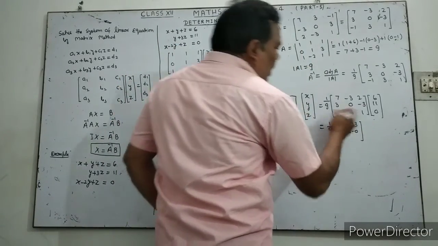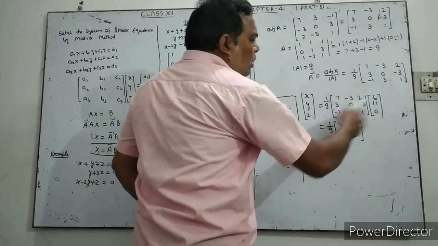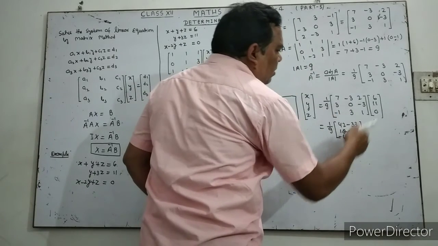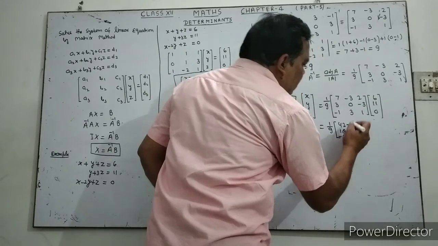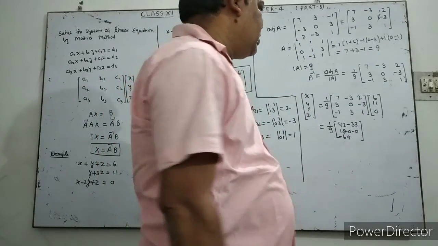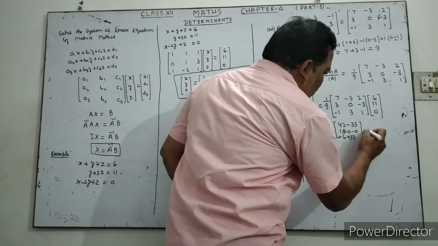Then third row in third column, minus 6 plus 33, 0.